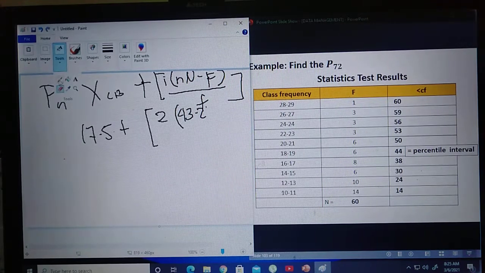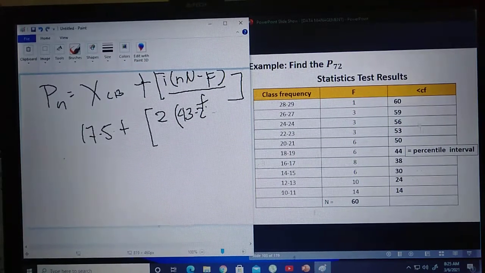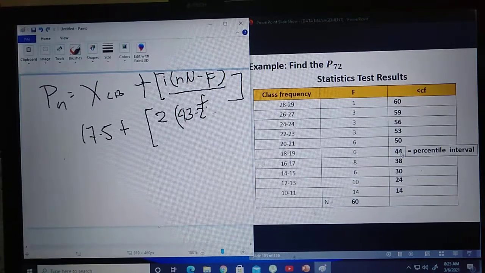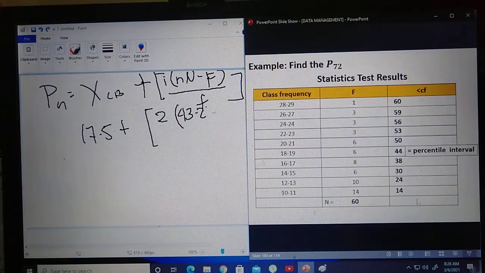43.2, ayan, minus. What is the capital letter F? The capital letter F will be the cumulative frequency before the percentile interval. So if 44 is our percentile interval, the number before 44, which is 38, this 38 will be our capital letter F. The number before.